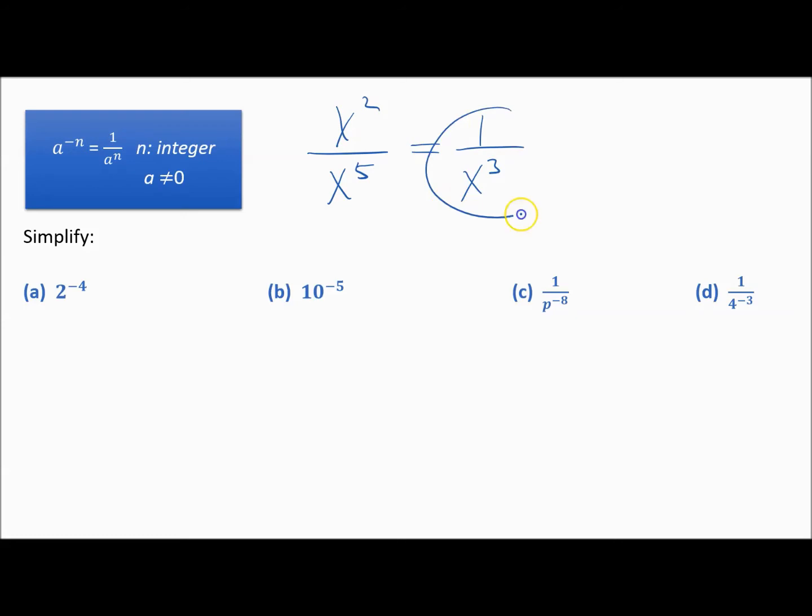I realize that, and that is correct. But what if we just subtract the top one minus the bottom one anyway? Is that wrong? Well, that would give me x to the 2 minus 5, which is x to the negative 3. Aha! So now we've got this negative exponent, but I know it's supposed to be equivalent to this.